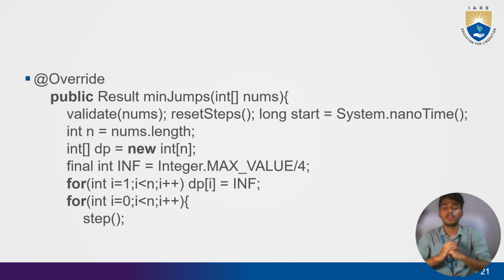So basically we have to define n, which is nums.length, and a dp array. And finally we define an int variable INF, which is Integer.MAX_VALUE.